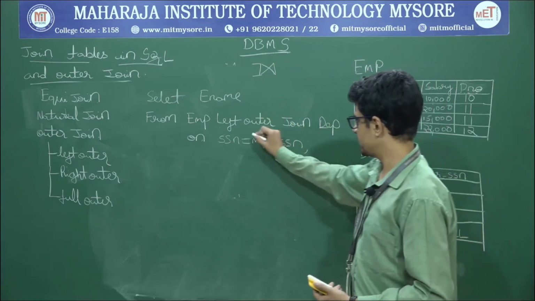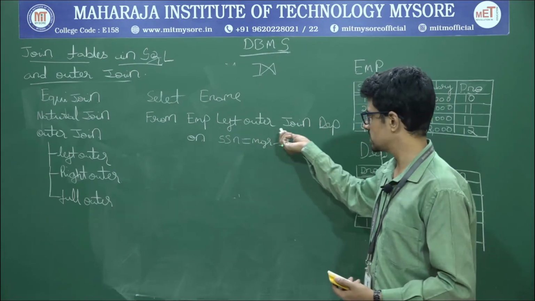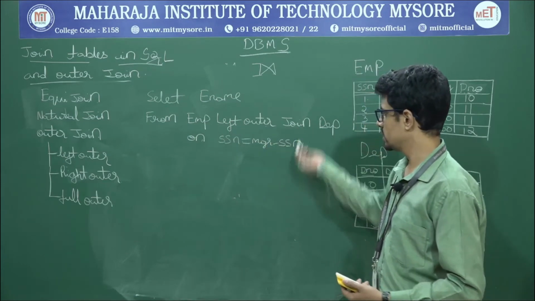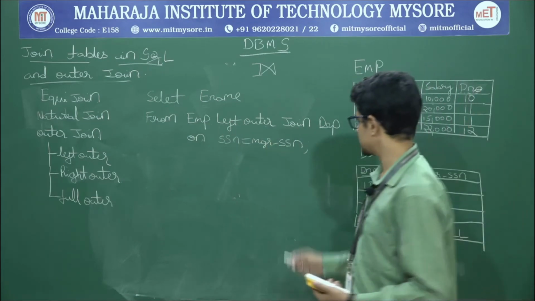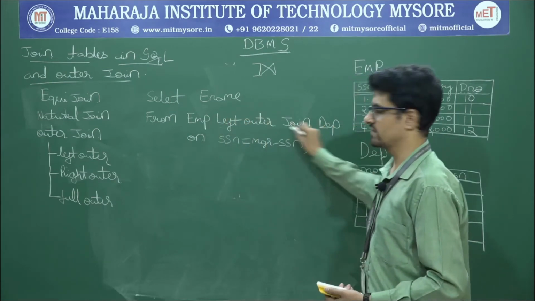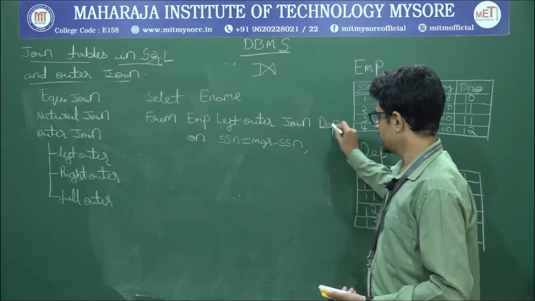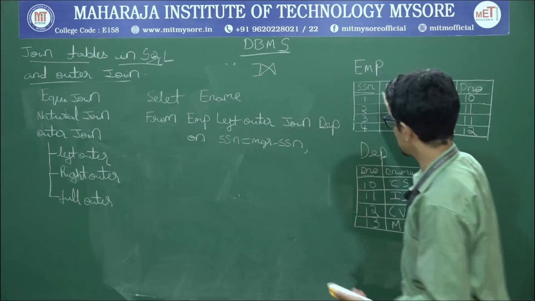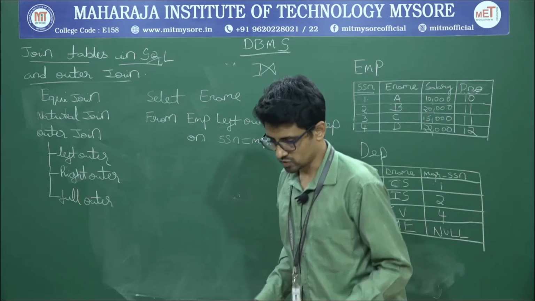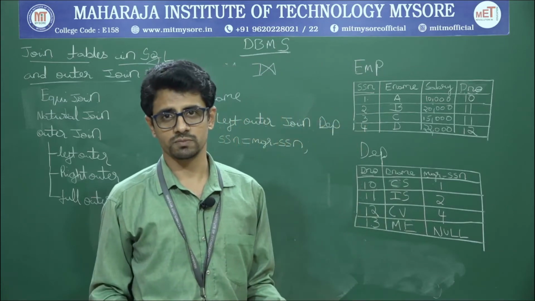In the same way, for the left outer join you can use the uppercase as a notation, so you can easily differentiate the relation names and the keywords present here. So I applied a left outer join on these two tables. I want the names of employees who are managers. Irrespective of whether they are managers or not, I want the names of employees to be displayed.